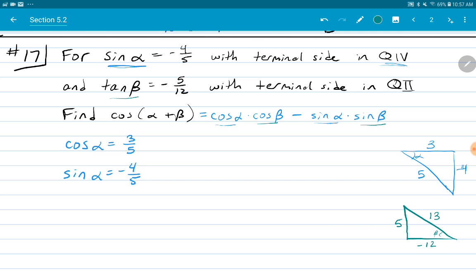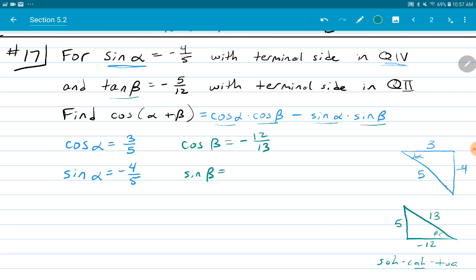Okay, so now I have my triangle, and then I can find cosine of beta and sine of beta. Cosine would be ka, remember, so ka toa. So the ka is the adjacent over hypotenuse, so that's -12/13.